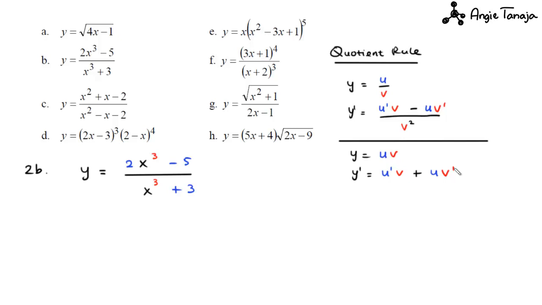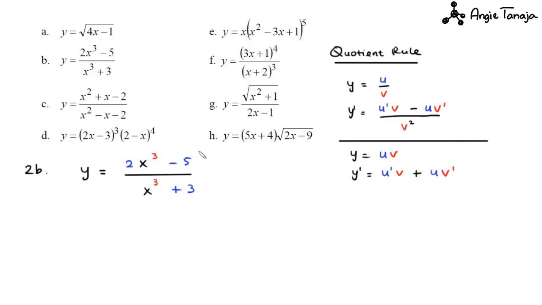Okay? When we gonna use this for 2b? In 2b you have a function that is in the fraction form, and numerator contains x and denominator also contains x. So you're gonna use quotient rule. So let's write the quotient rule here.